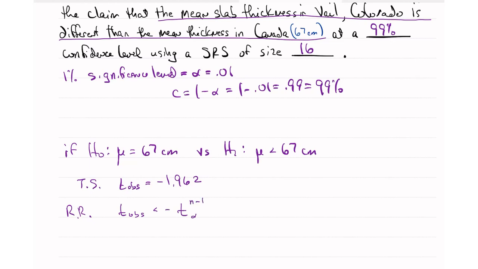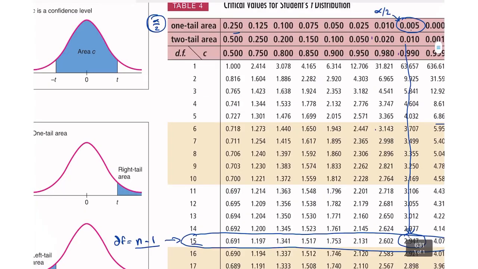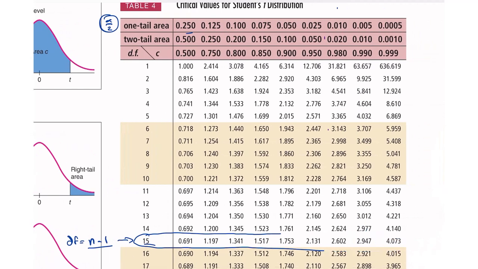Okay, so remember that alpha was 0.01 and n minus 1 was 15. So now we're going to go and find this T, we'll find the positive T sub alpha of n minus 1, which is T sub 0.01, 15. All right, let's go to our table. Let's clean up what we had so that we don't get confused by scribblings from last time.